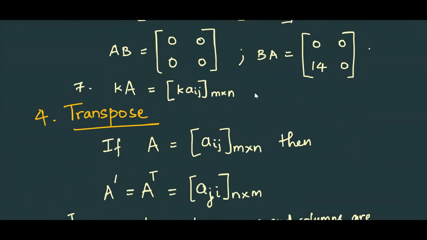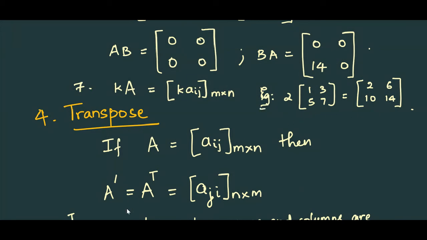This we know. That means 2 into [1 3; 5 7] will be equal to [2 6; 10 14]. Every element will be multiplied. That is the scalar multiplication.